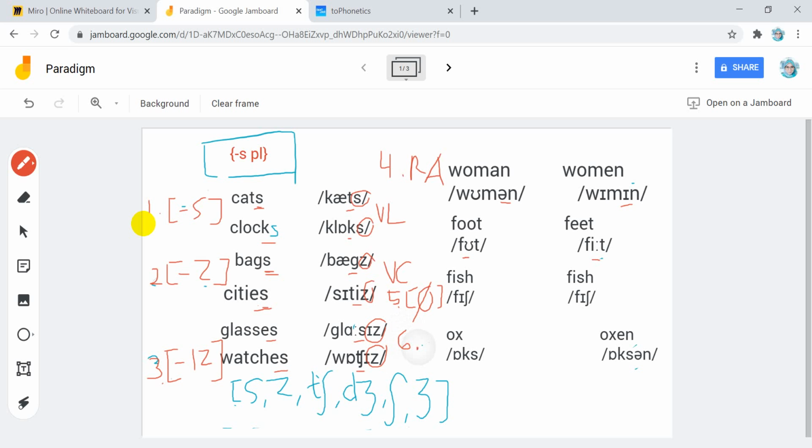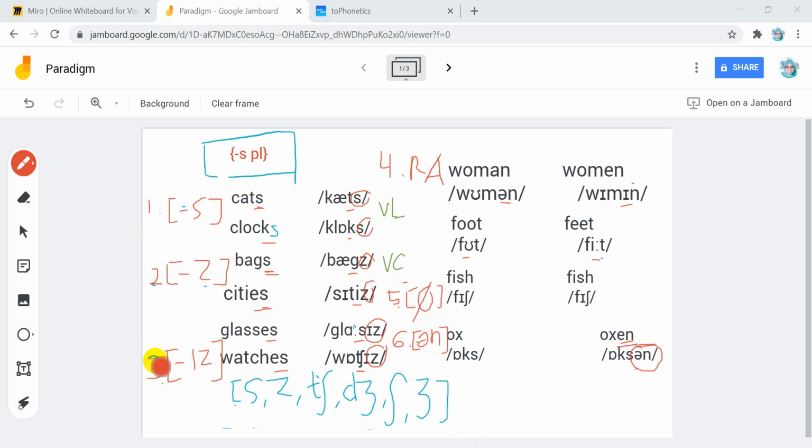If you pay attention to the word ox becomes oxen, there is an additional sound n. So this is the paradigm. We call it n. Okay, let me change it first.